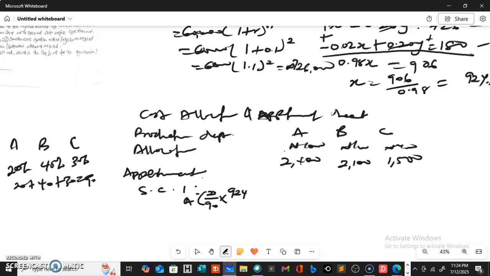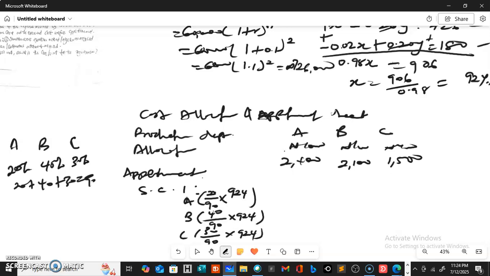For B, we have 40 all over 90 times 924. Then for C, we have 30 all over 90 times 924.